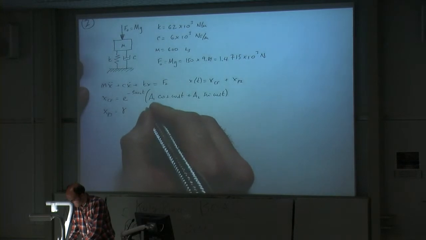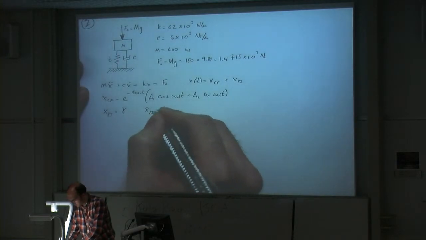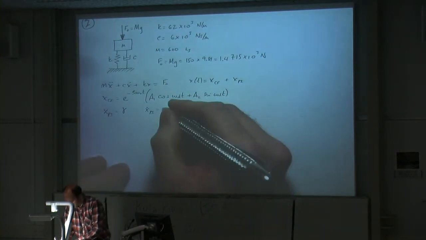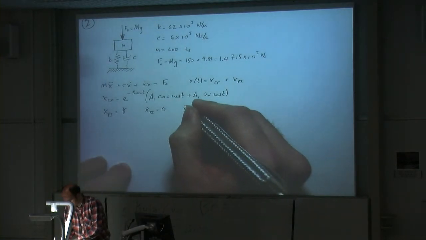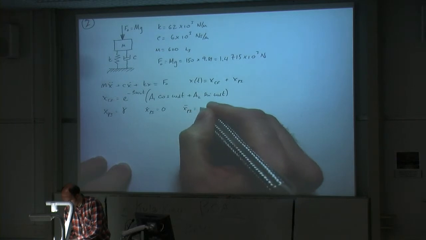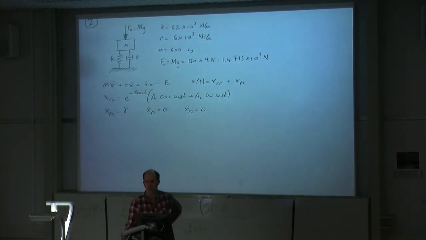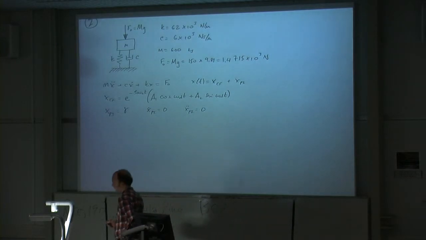So x dot pi, the derivative of gamma with respect to time, is 0, and obviously the second derivative is also 0. So x_pi equals gamma, x dot pi equals 0, and x double dot pi equals 0.